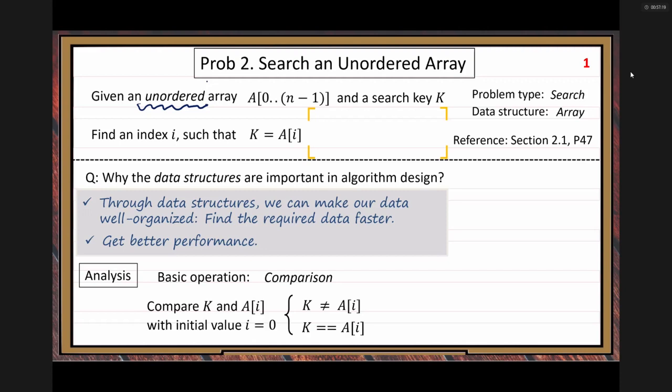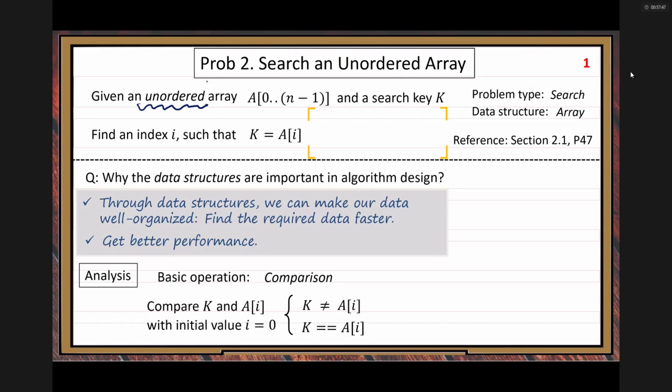One, K equals A of I. Another, K is not equal to A of I. Different. Not equal, we do not need to know greater or less. Although if you want, you can know greater or less. But it's not important, right? So we don't care, greater or less. Just different. Then we want to move to the next one.